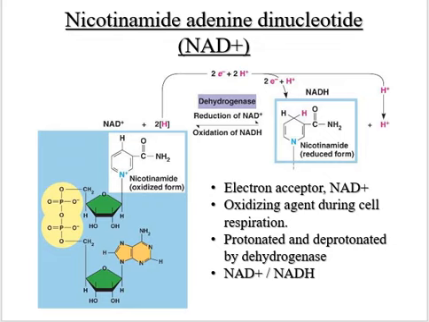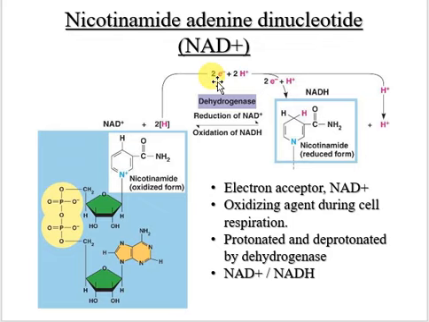The dehydrogenase will remove a pair of hydrogen atoms. So it'll remove 2 electrons and 2 protons from some substrate. So here's our substrate here. It's going to remove those 2 electrons and 2 hydrogens from the substrate.